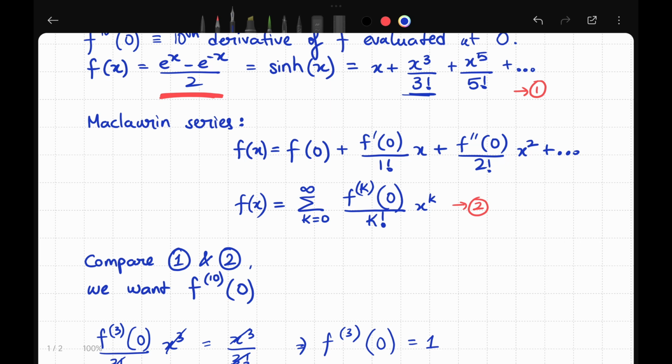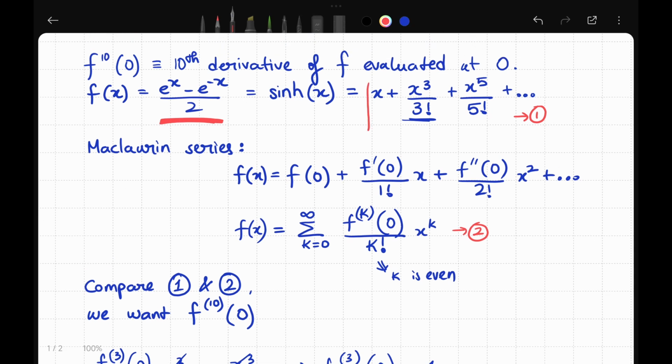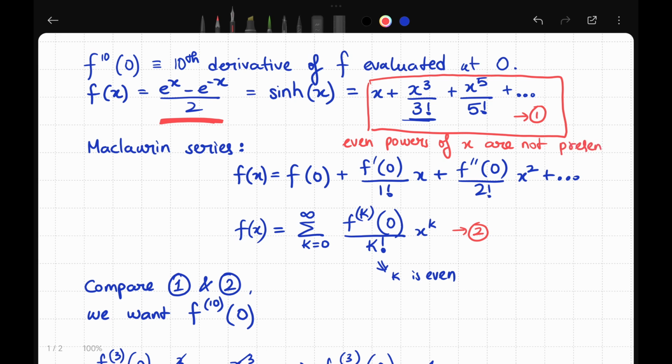But if you do the same thing for even derivatives, basically when k is even, as in the case of 10 as well, you won't find the corresponding values here, because in this expansion the even powers of x are not present.